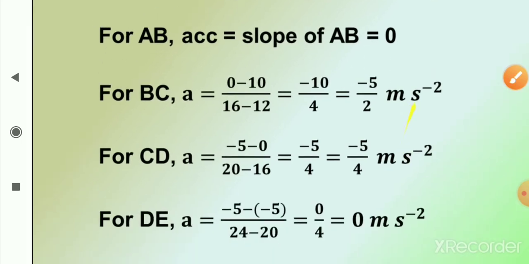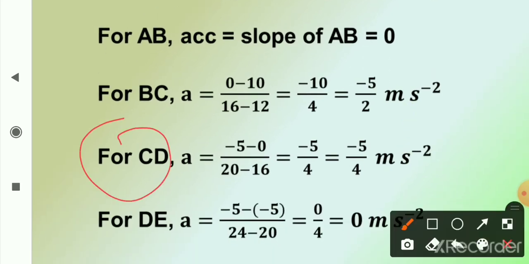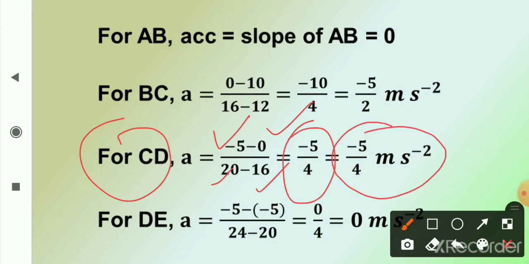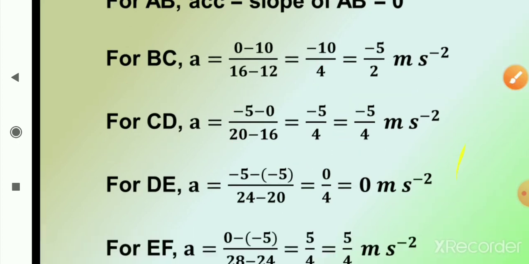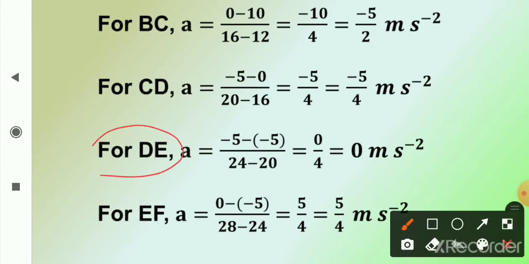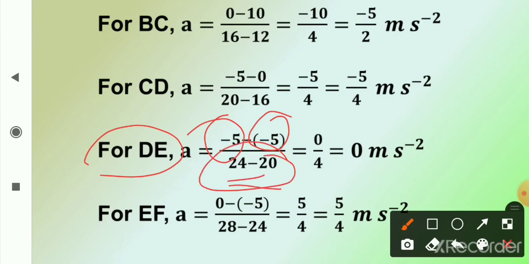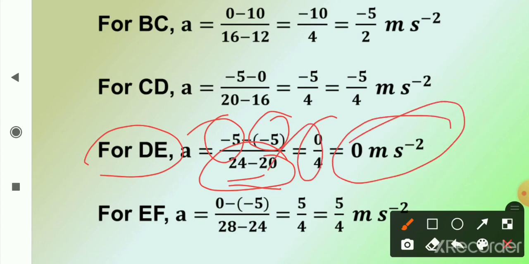And for part CD, the final velocity is minus 5, initial velocity is 0, time 20 minus 16, minus 5 upon 4, minus 5 upon 4 meter per second square. For part DE, flat part, acceleration a is final velocity minus 5 minus initial velocity minus 5 upon 24 minus 20, time difference, and this is 0 upon 4, that is 0 meter per second square.